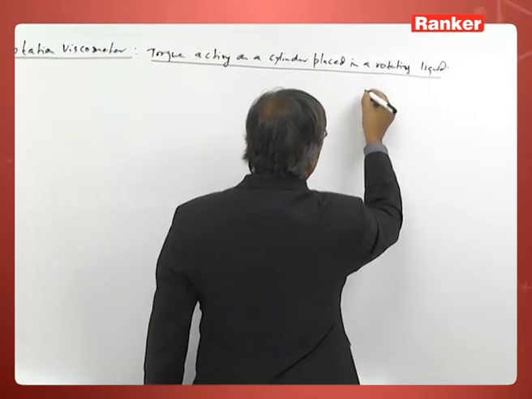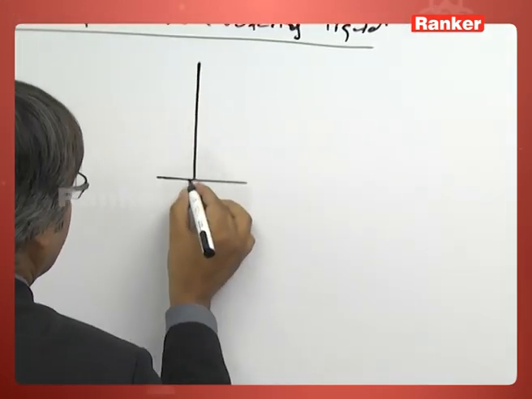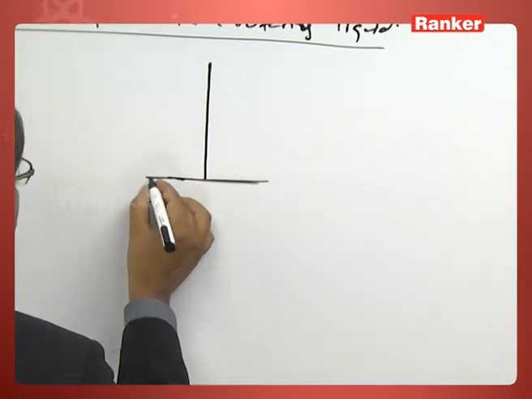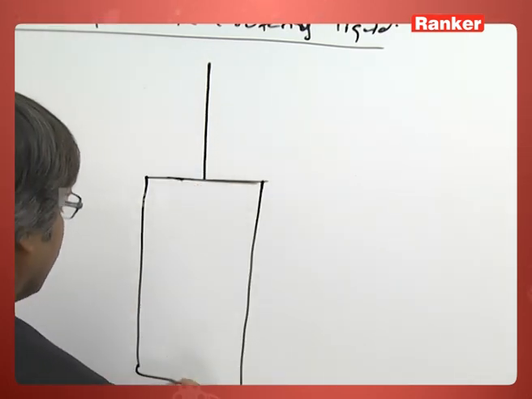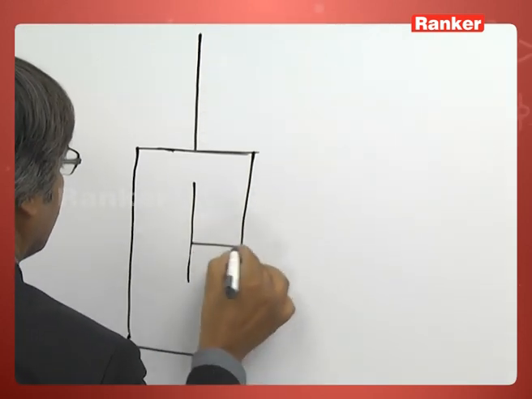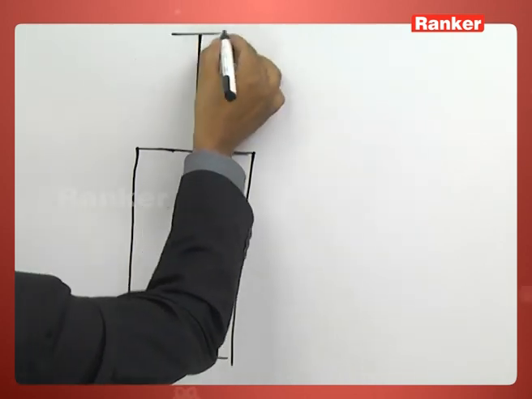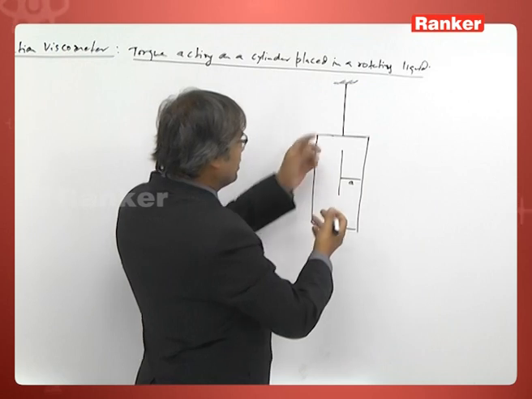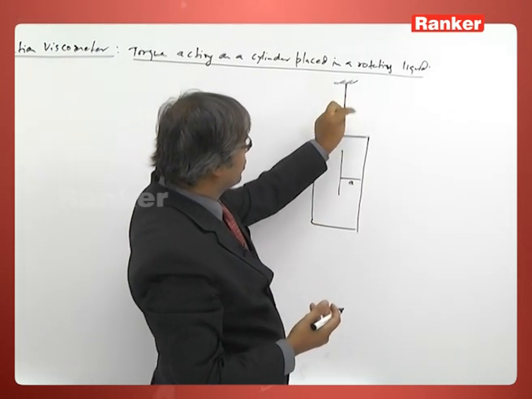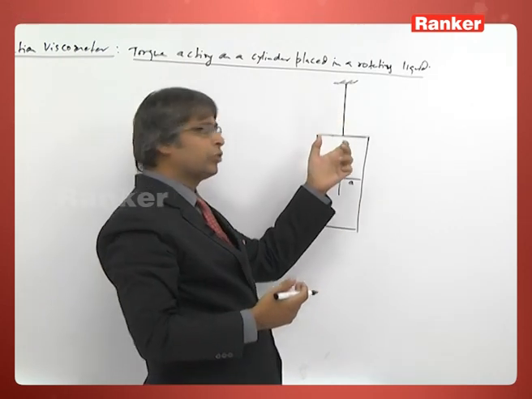Now we have a cylinder here with a radius, suppose A, and this cylinder is connected by a torsion string, so that when I rotate it, we get a torsion here, and there will be a restoring torque.